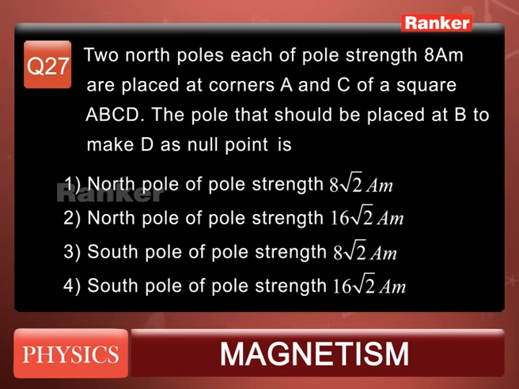Second option, north pole of pole strength 16 root 2 ampere meter. Third option, south pole of pole strength 8 root 2 ampere meter. And the fourth option, south pole of pole strength 16 root 2 ampere meter.